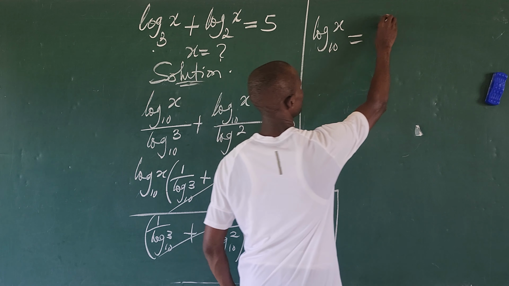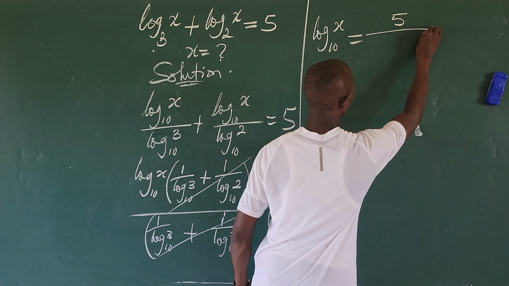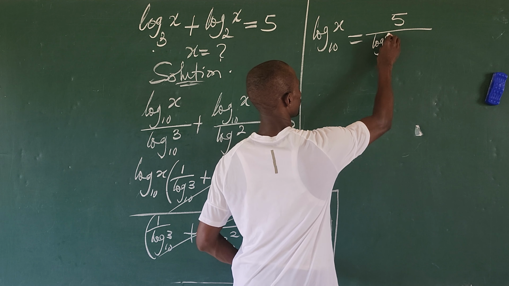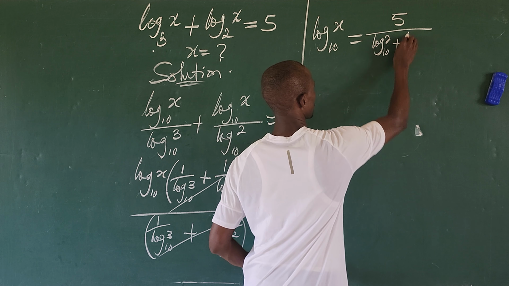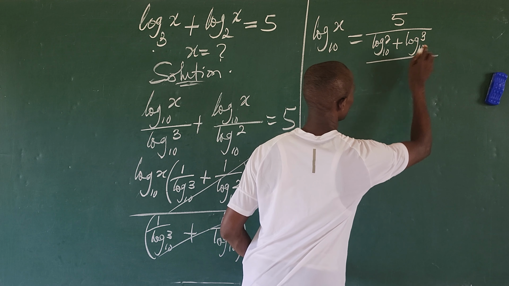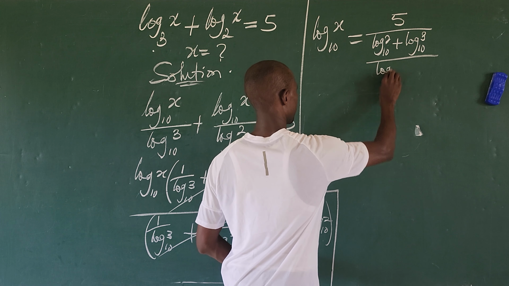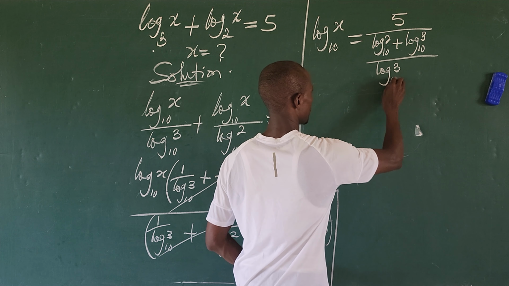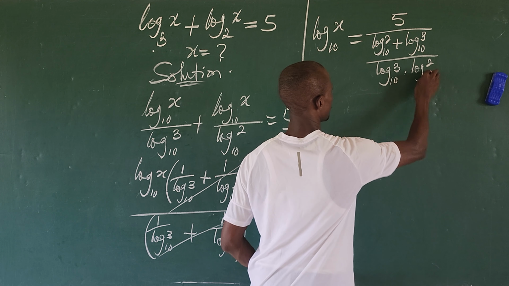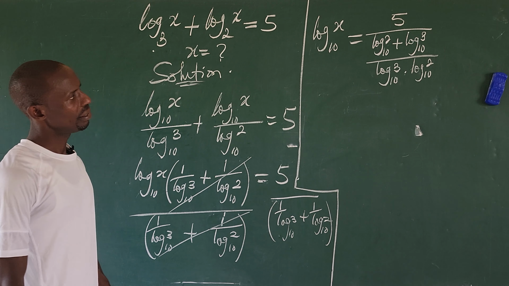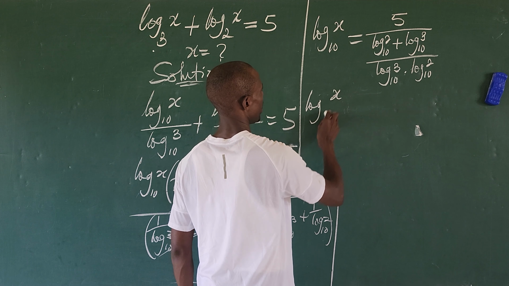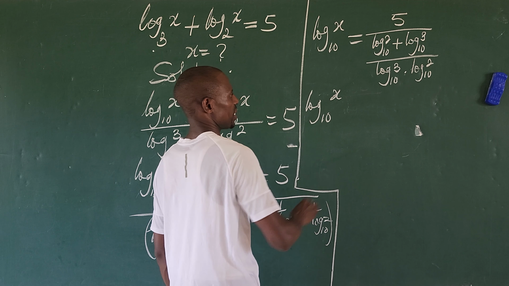So this will give us 5 all over, log 2 base 10 plus log 3 base 10, all over log 3 base 10 times log 2 base 10. Easy. Wow.